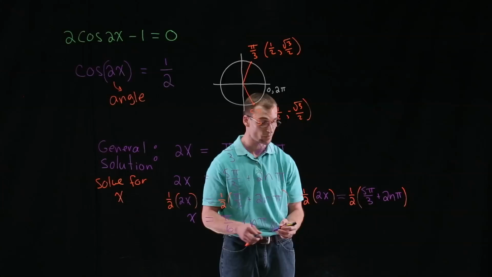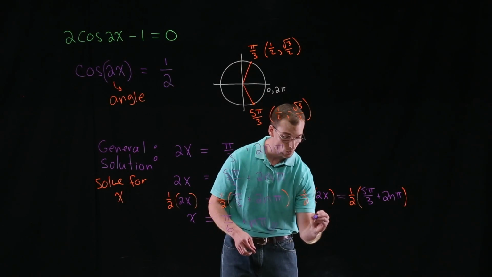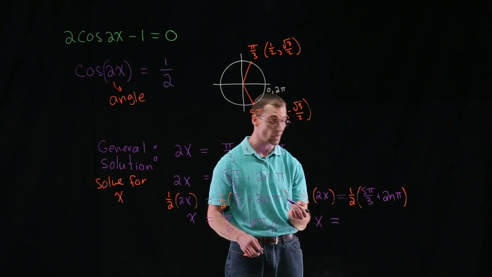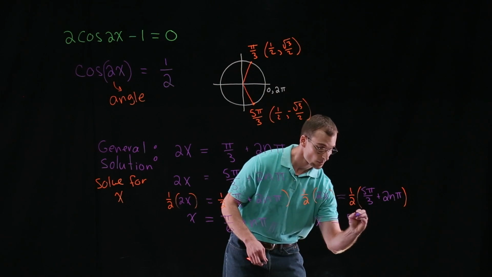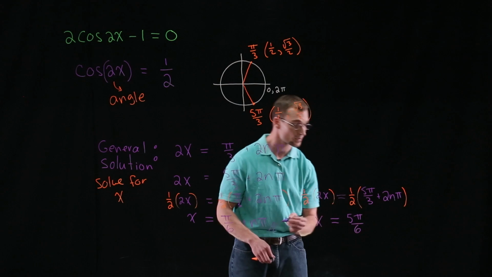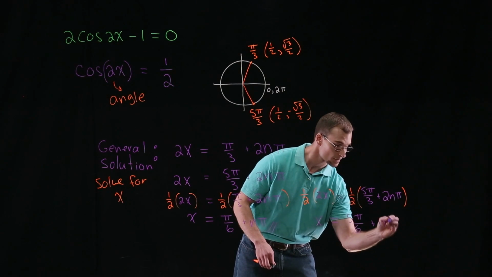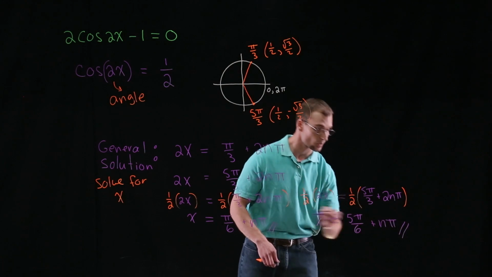We have the same simplification. The 1/2s and the 2's will cancel, giving us x is equal to 1/2 times 5 pi over 3, or 5 pi over 6, plus 1/2 and 2 canceling here, plus n times pi, giving us our second general solution.